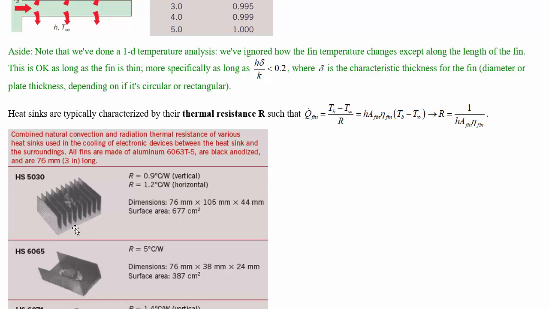What this is talking about is vertically aligned so that the fins are along the vertical direction themselves. So that is a lower resistance because natural convection can cause more heat flow through the fins, and that helps with the fluid motion, effectively leading to a larger convection coefficient and therefore more heat dissipation.